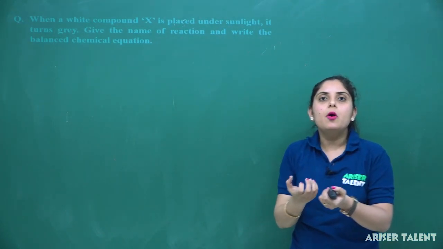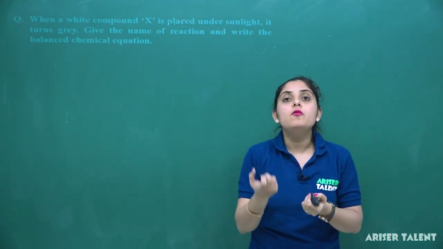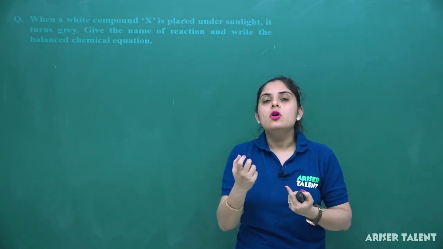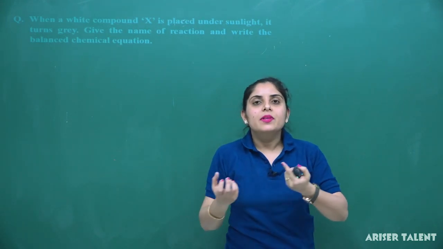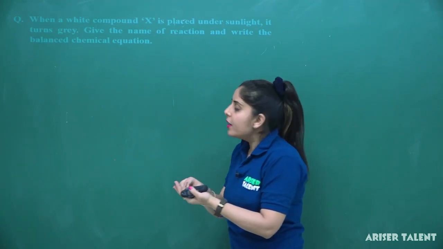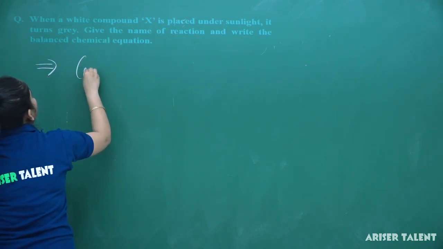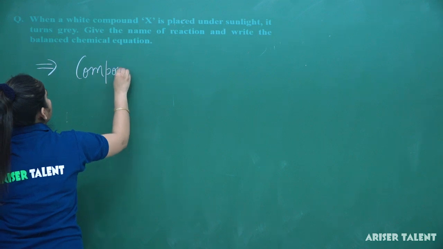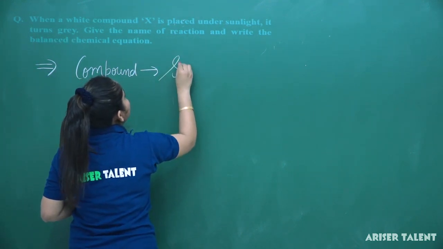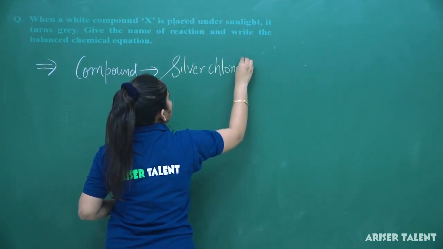If the compound is placed in sunlight and it turns grey, it means there is a kind of photolytic decomposition because it takes place in the presence of sunlight. The compound which turns grey may be silver chloride or it may be silver bromide. So we have two options for this, and the compound can be silver chloride or bromide, both.